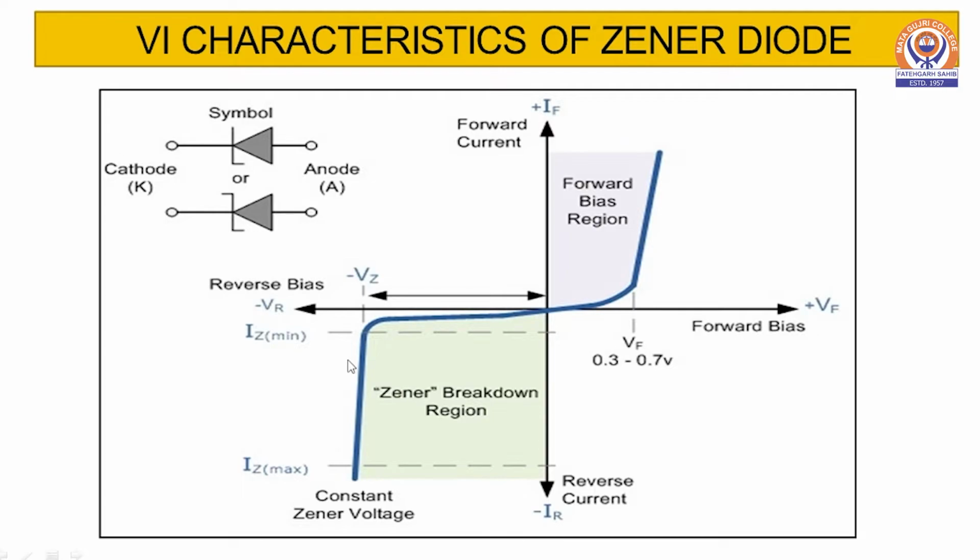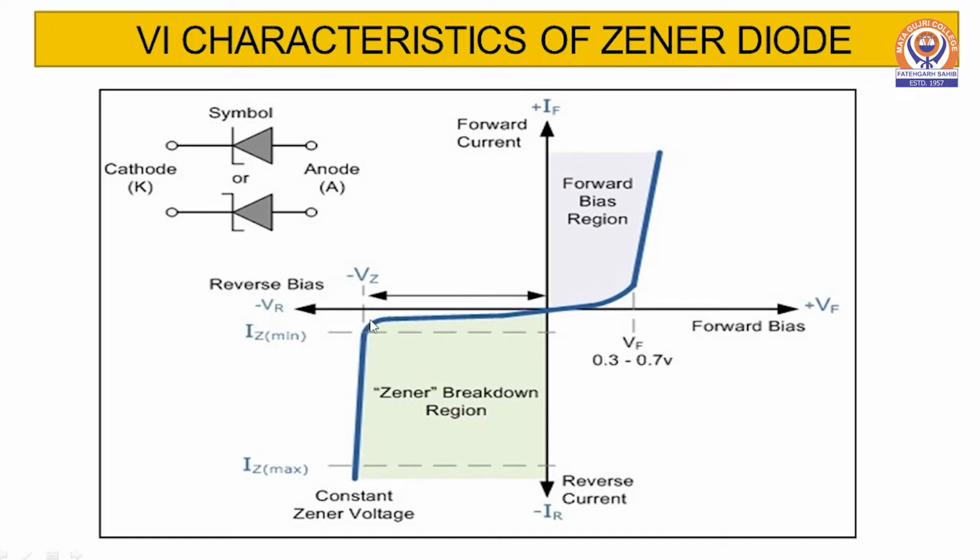And the second portion is the reverse biasing. During the reverse biasing, we have negative voltage connected to the Zener diode, and initially the value of current is very low, almost nearly zero. We will verify this particular thing on our experimental kit.